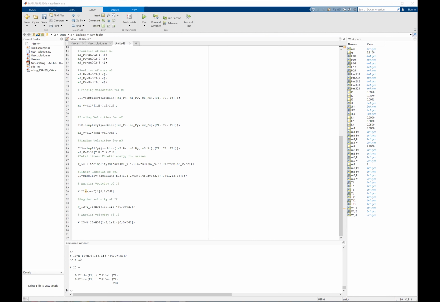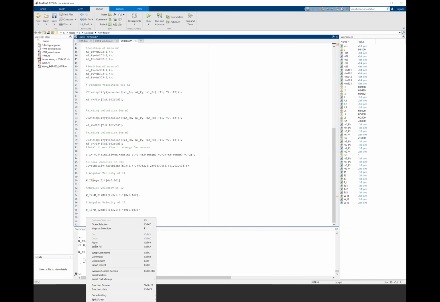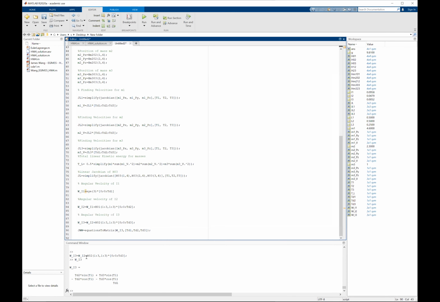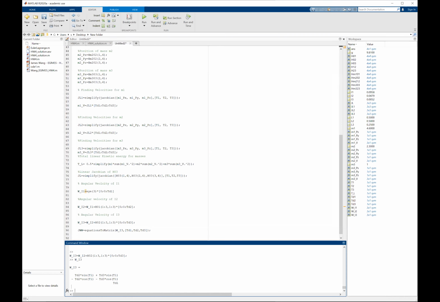So the command is, I'm going to paste this in my MATLAB, and then use that command over here and just say JWW, and now this is your Jacobian.